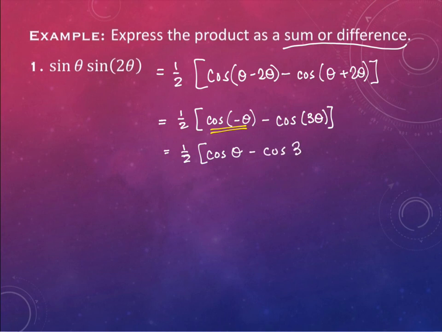And I'm just going to leave these parentheses off now because I don't have any negatives or any sums or differences, so they're not really necessary. The only thing we're going to do at the very end of this is distribute the 1/2 through. So writing this as a sum or difference, the way it was described, this is 1/2 the cosine of theta minus 1/2 the cosine of 3 theta.